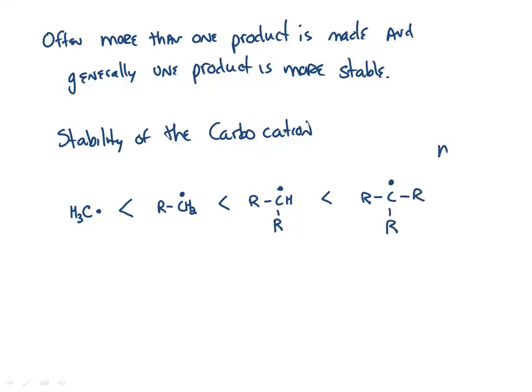So this is the most stable, and this is the least stable radical.